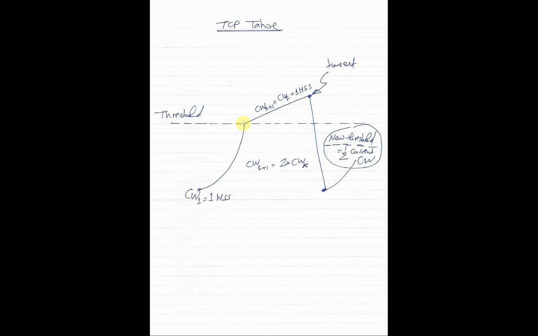Now when the congestion window is 64 kilobytes, what does that mean? It means that I'm allowed to send 64 kilobytes, of course in form of 64 segments, because in this example we assume that the 1 maximum segment basically is the equivalent of 1 kilobyte.